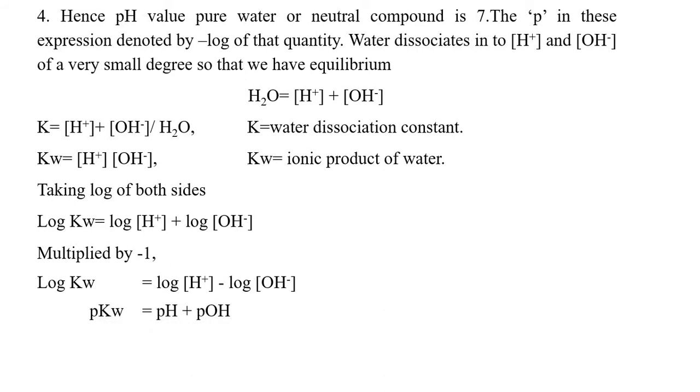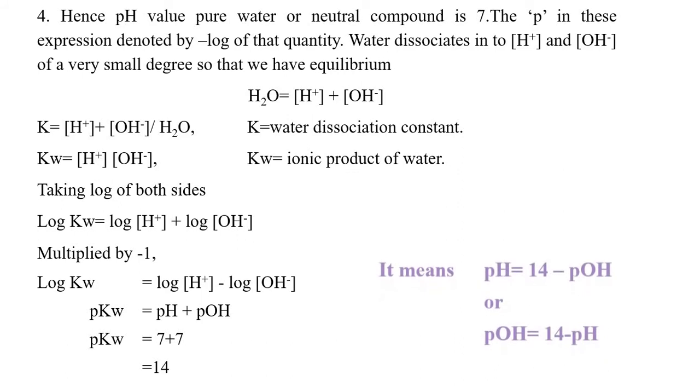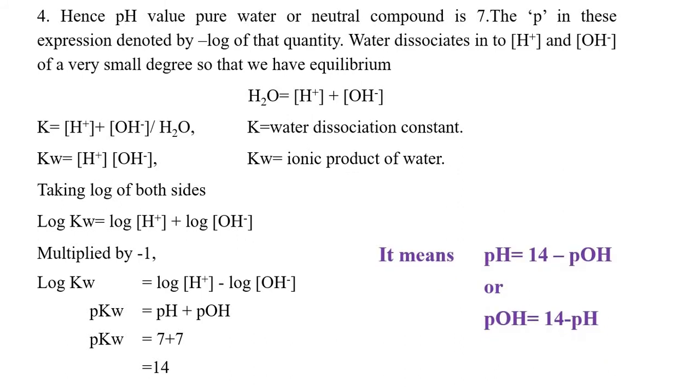Therefore, pKw is equal to pH plus pOH. pKw is 7 plus 7, means 14. In this way, pH is equal to 14 minus pOH, or you can write the equation for pOH, that is pOH is equal to 14 minus pH. So this is our standard equation for pH and pOH.